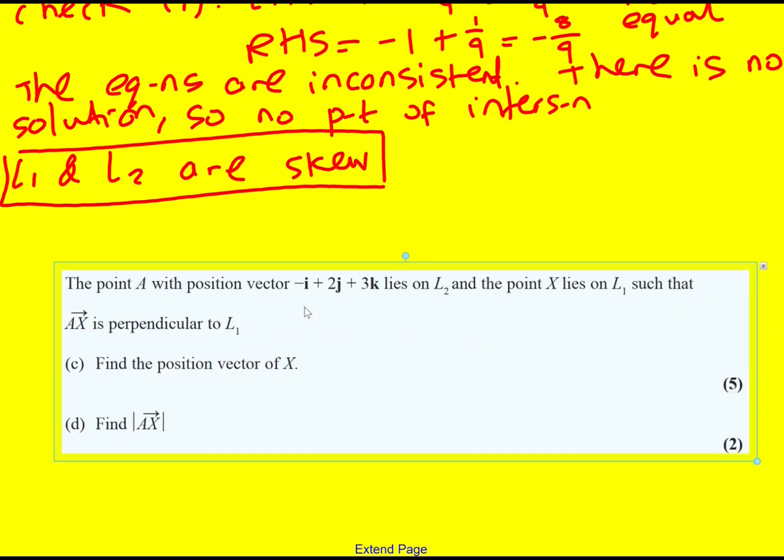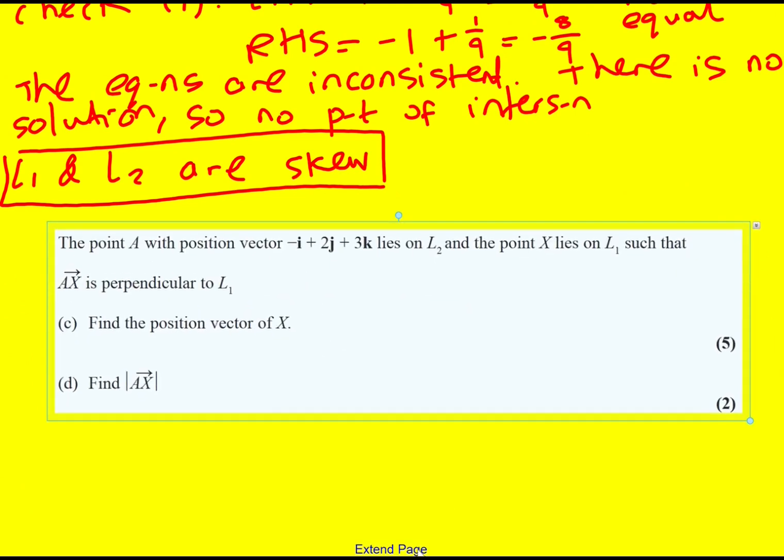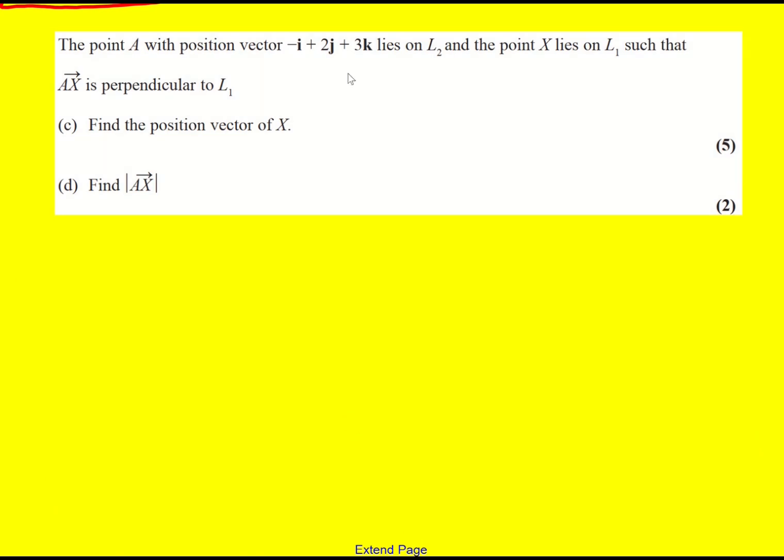Part C says that the point A with position vector given lies on L2. So I'm going to get a diagram down for this. I honestly strongly recommend diagrams, even though these are 3D vectors, we can still represent them on this 2D plane. So here's L2.